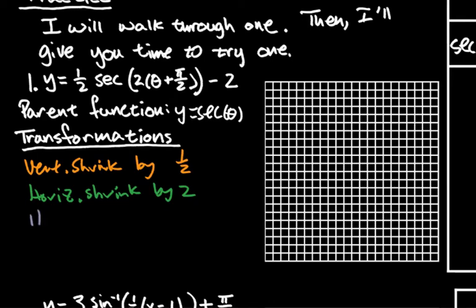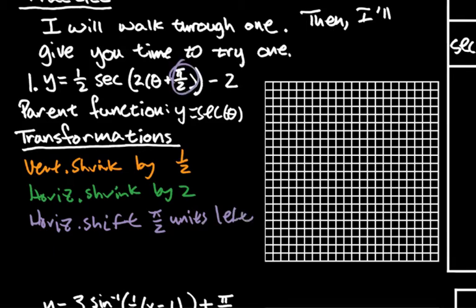That's going to be a horizontal shift, pi over 2 units left. It's left because this value itself is negative. Because remember, you have theta minus h. If h is negative, so if h is negative pi over 2, it moves to the left. If h is positive, so we have theta minus pi over 2, we go to the right.